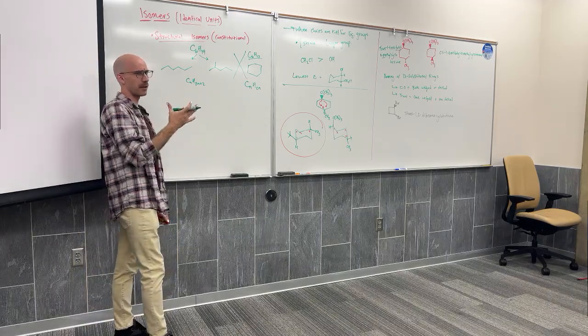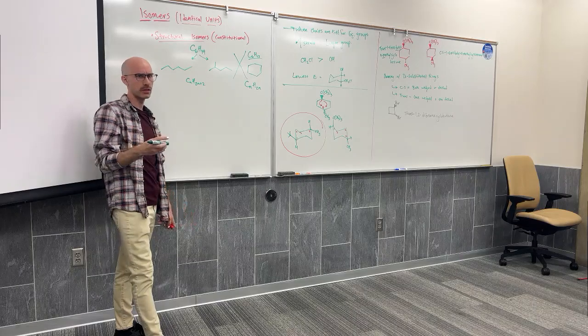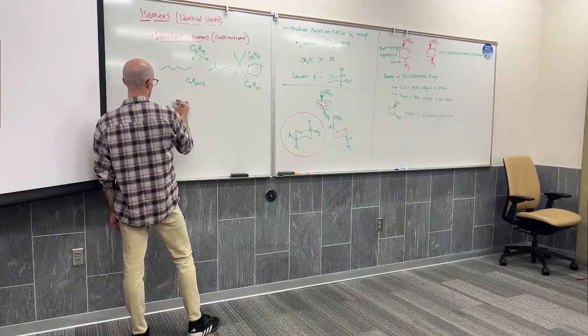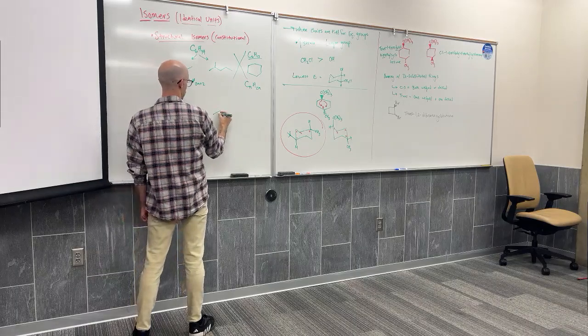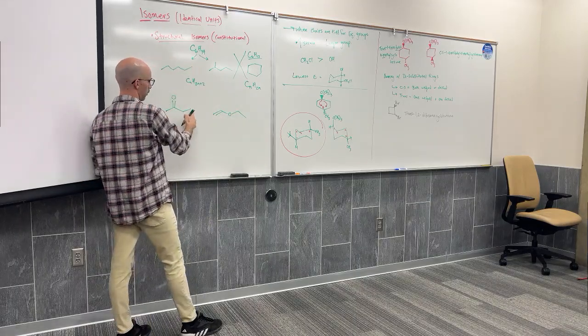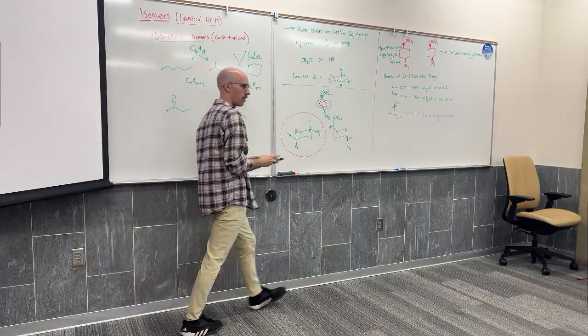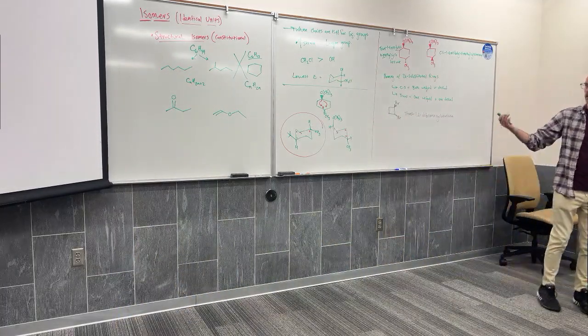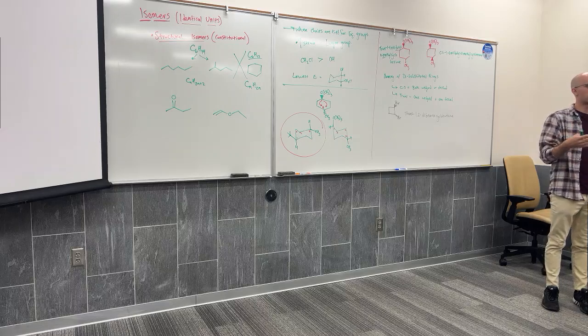Structural isomers also play into functional groups. For instance, one, two, three, four. 1, 2, 3, 4. On the left, I have a ketone. On the right, I have an alkene and an ether. Same chemical formula.